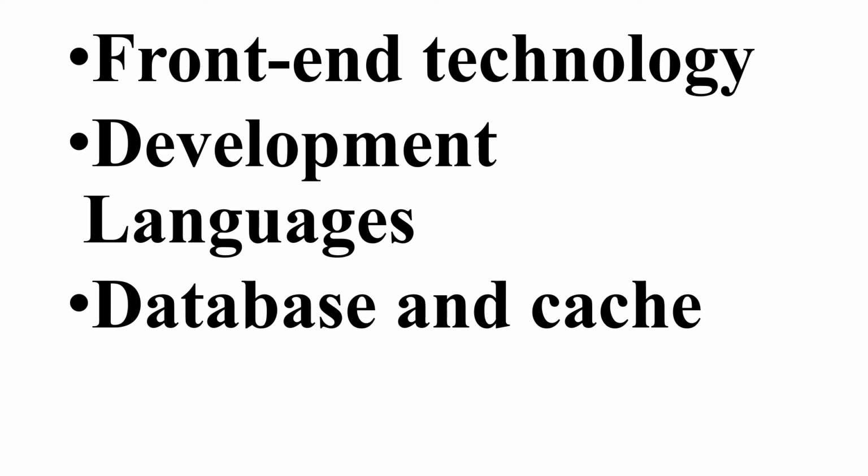If you talk about the database and cache, the knowledge of various DBMS technology is another important need of a full stack developer. MySQL, MongoDB, Oracle, SQL Server are widely used for this purpose, and the knowledge of caching mechanisms like Varnish, Memcached, Redis is always an advantage.